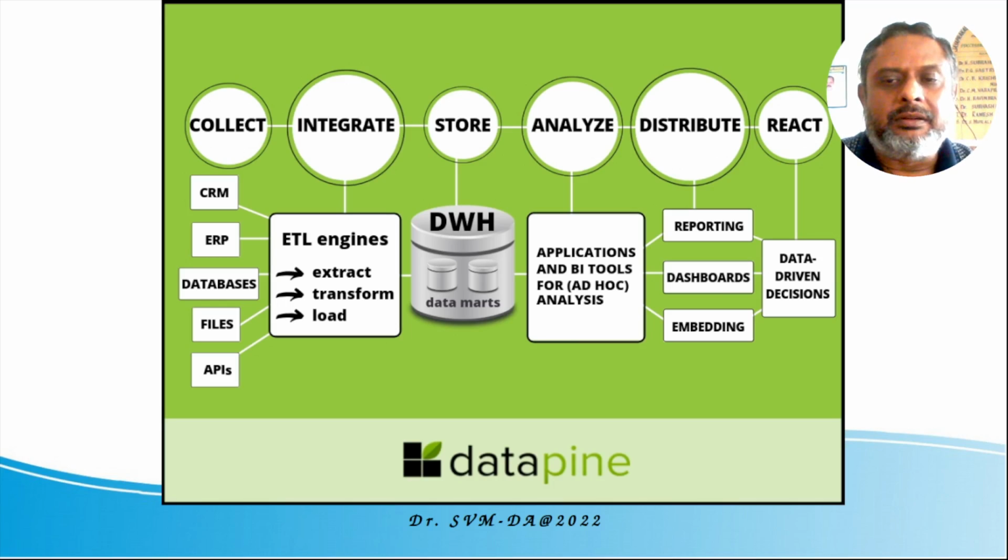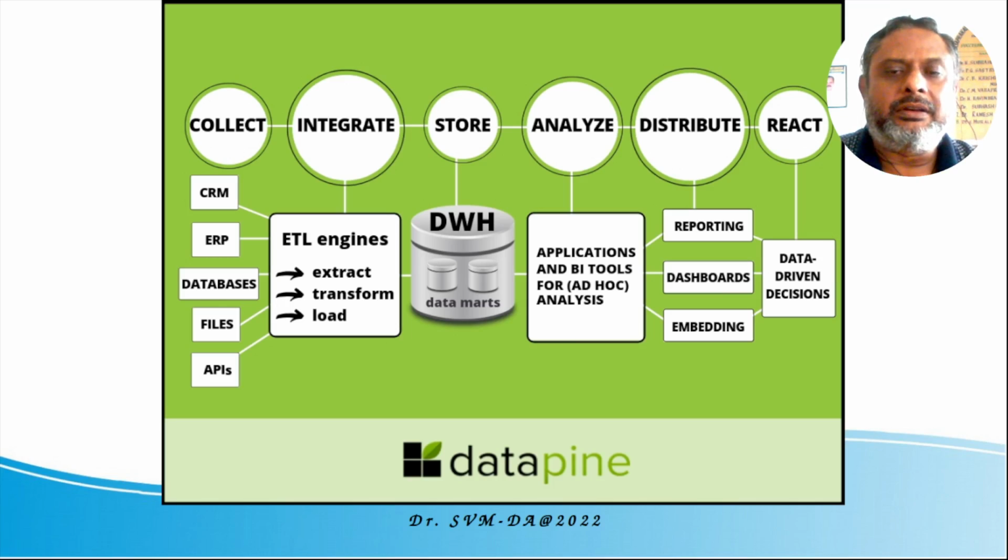Yeah, the same thing we can talk about in one more way. That's data being collected. This data collection may be from the CRM, or it can be ERP, or from databases, or from files or APIs. Then we have the ETL engine, extract, transform, and load engines that will integrate all this data into one form, and then that is stored in the data warehouse.